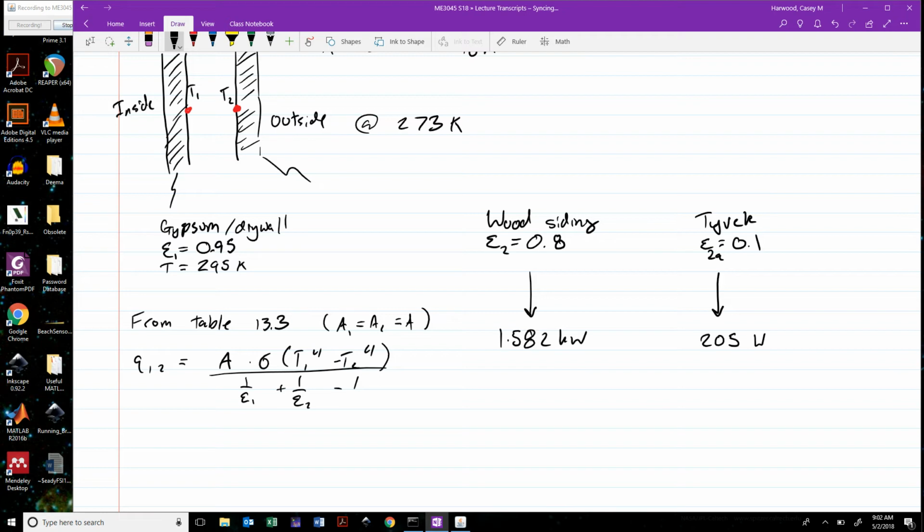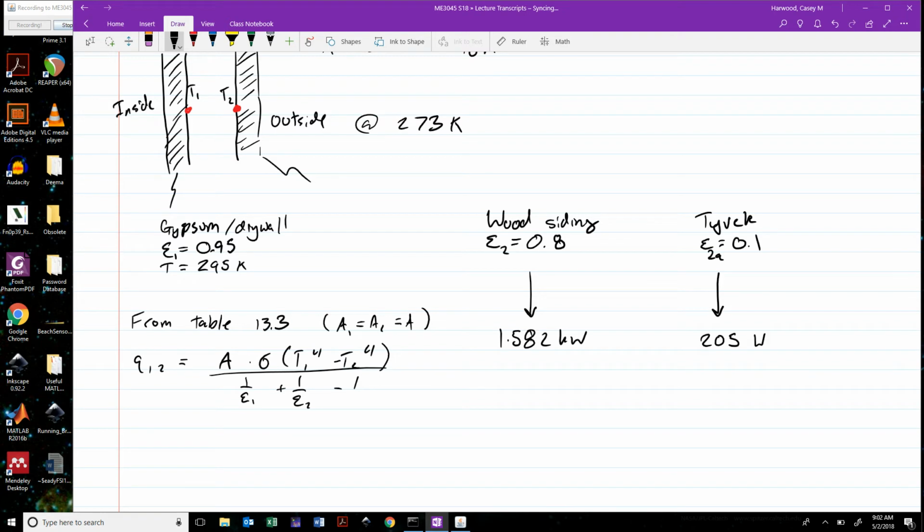But the idea here is, if you have a gypsum inner wall, drywall, and wood siding, because this emissivity is pretty high, you're essentially guaranteeing that you're going to be losing quite a bit of heat through radiation alone, plus that due to convection, plus that due to conduction.